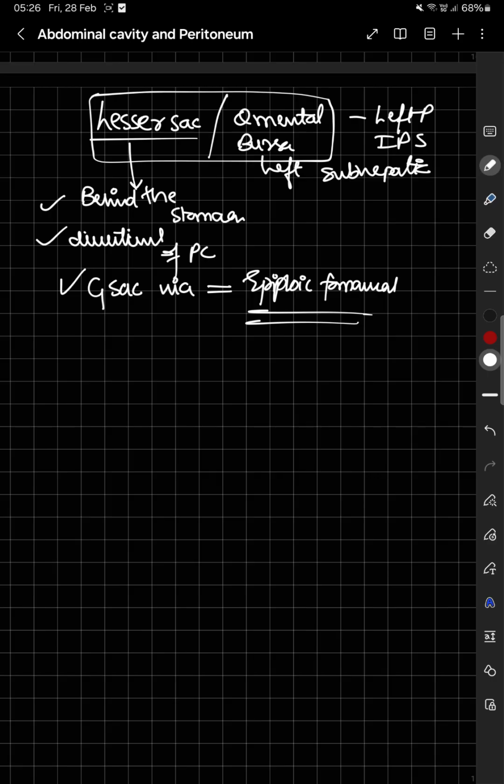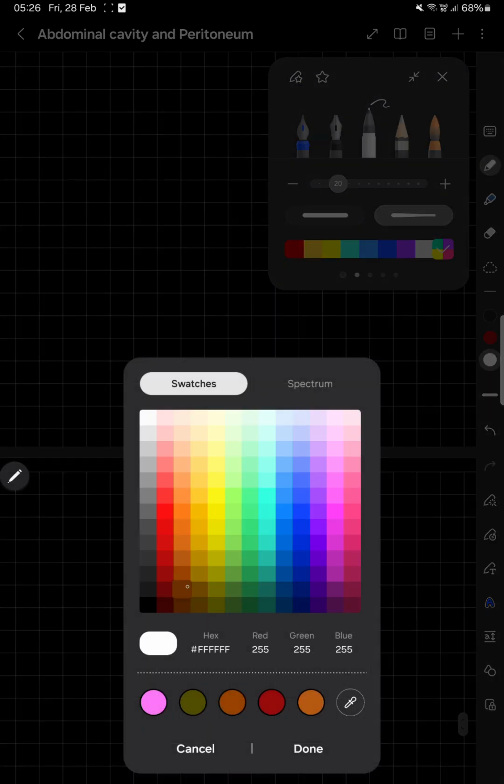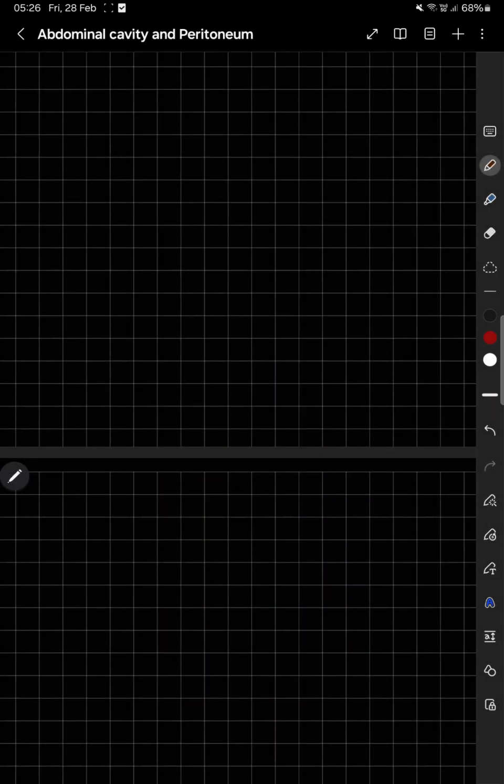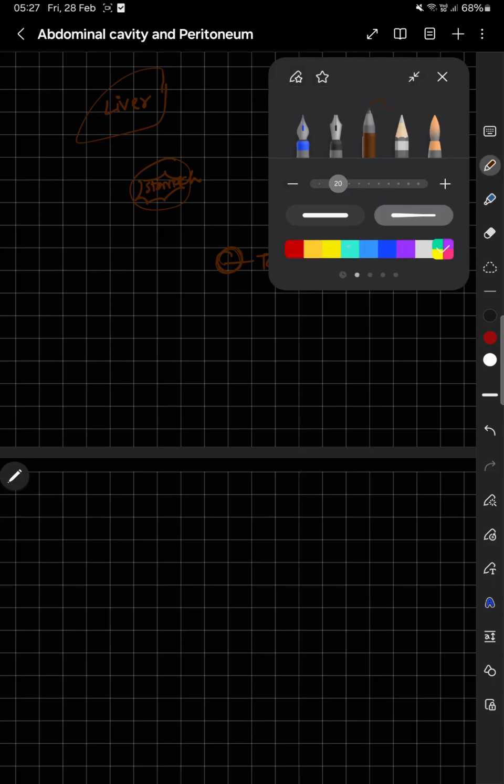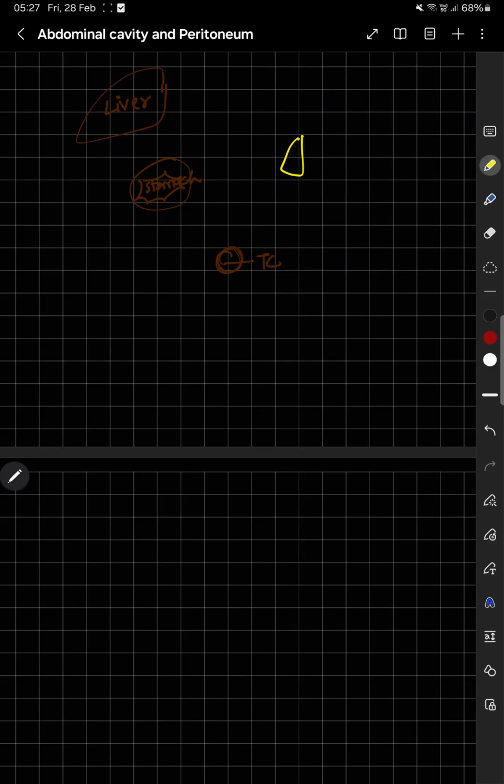So we'll be drawing the diagram first, which is very easy because we have the liver diagram reference from the beginning. First we have our liver, simple, and then we have our stomach. Then here somewhere we have our transverse colon, and then in yellow color somewhere around here we should have our pancreas.